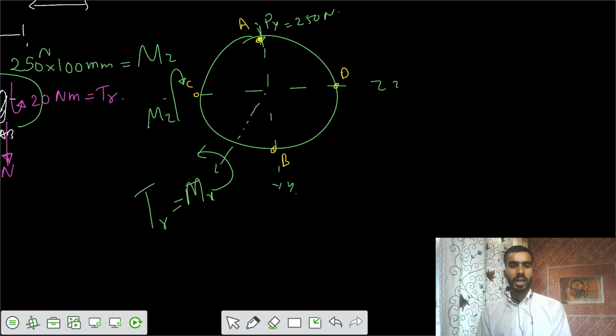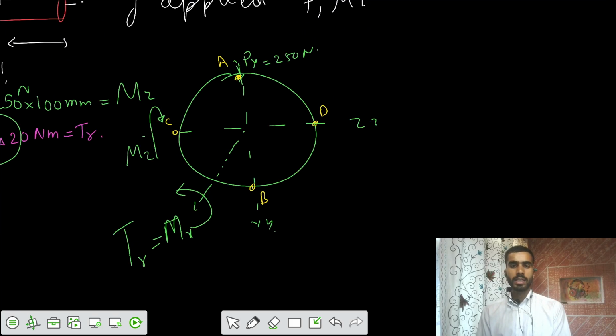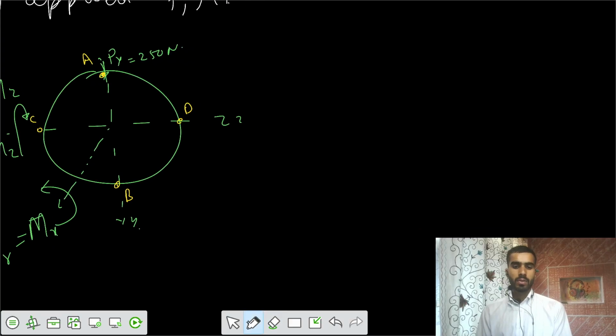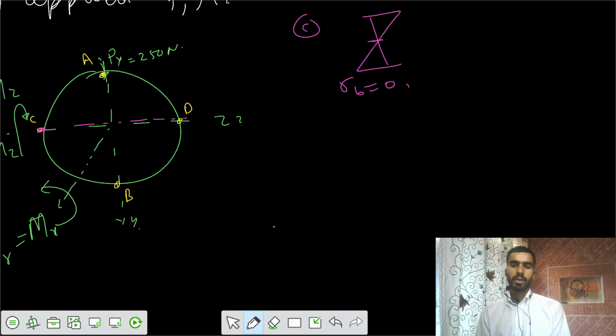And similarly for point C, let's take point C. On point C, this is on the neutral axis, so sigma bending equals 0. And direct shear stress is maximum on point C. That maximum shear stress is equal to 4 by 3 tau average.